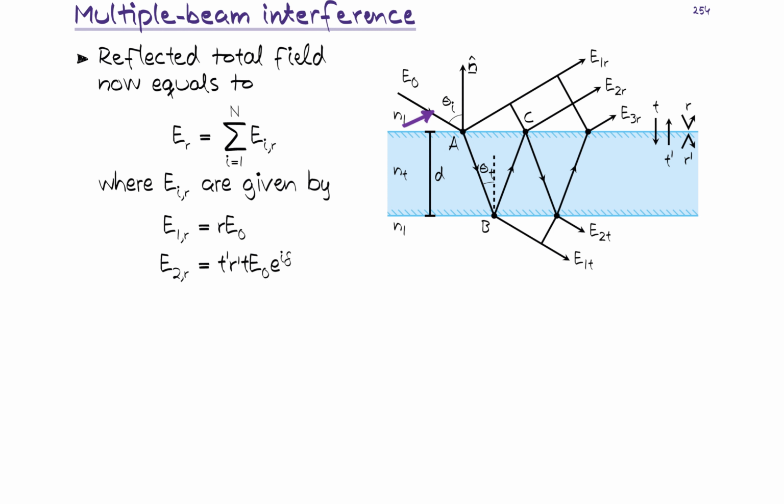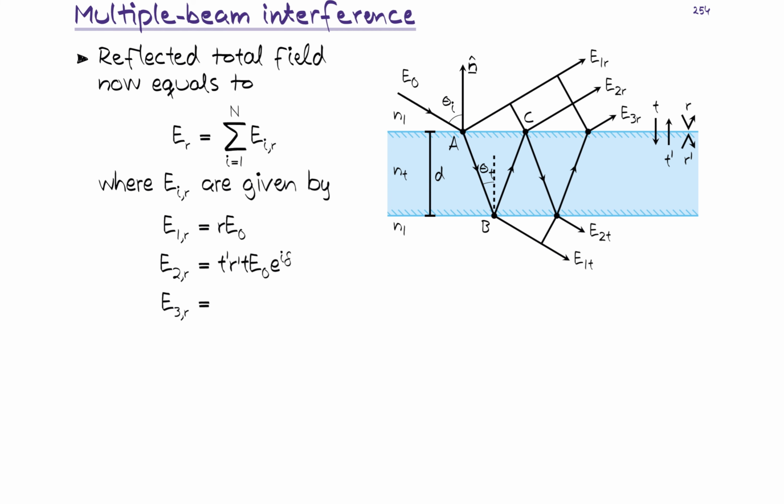Well, we are transmitted once into the film structure. Then we have another reflection here, R prime, then a transmission here, T prime. And then we have E naught and a phase accumulation due to the light propagating by this given optical path length, which is the phase difference we already calculated.